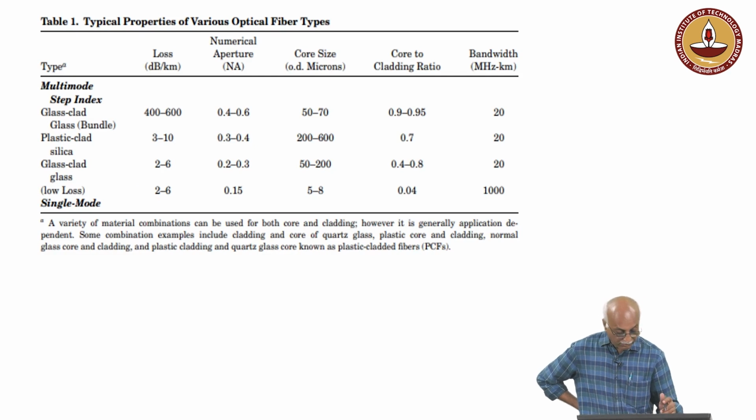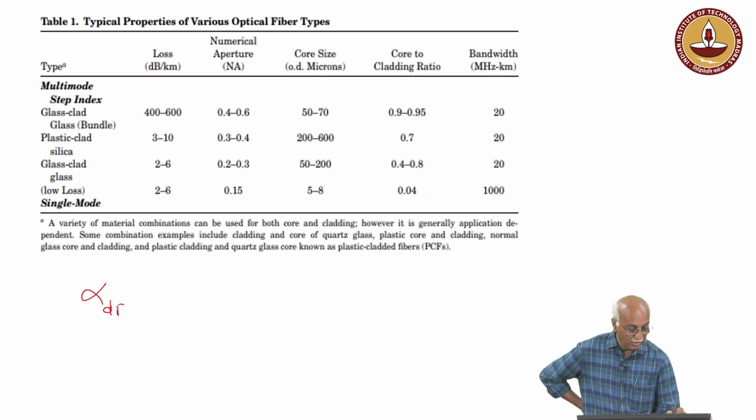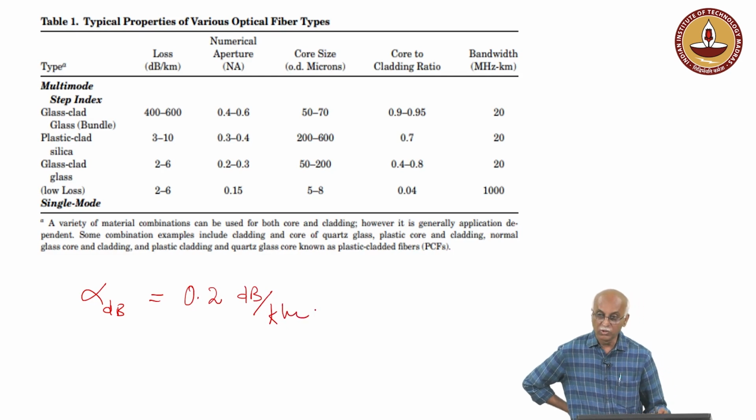When we use 1.5 micrometer, this loss alpha decibel is around 0.1, 0.2 decibel per kilometer. It is very less.